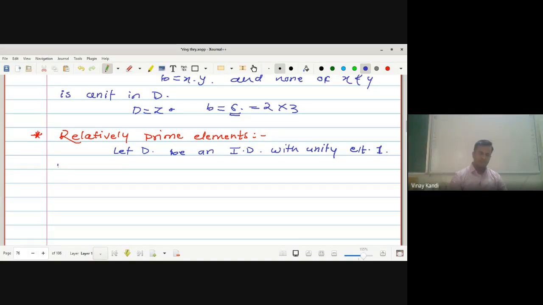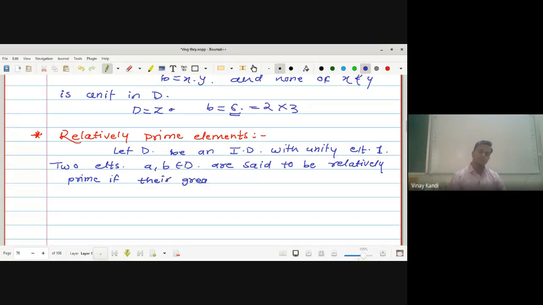The two elements A and B belonging to that capital D are said to be relatively prime if their greatest common divisor is what? 1.